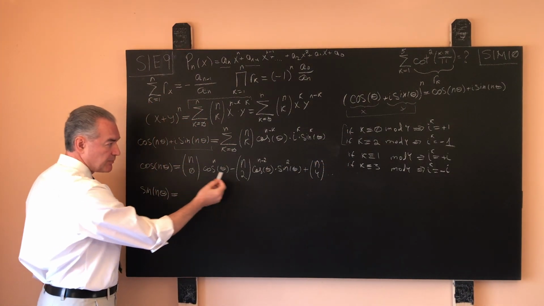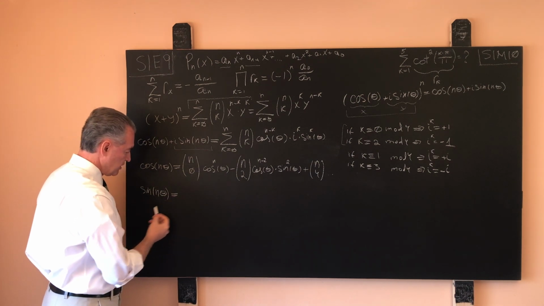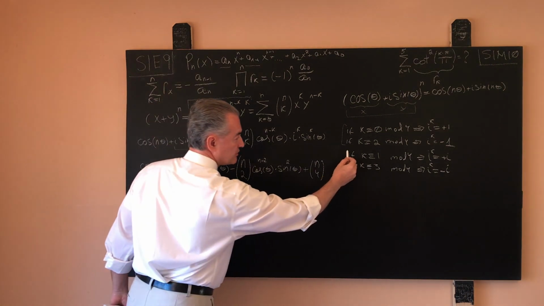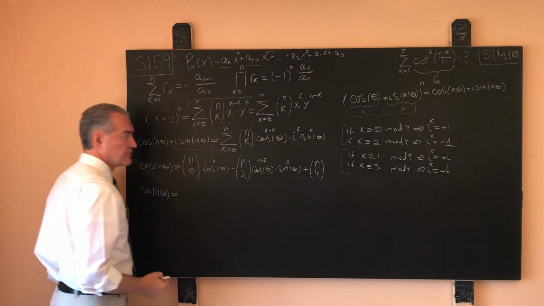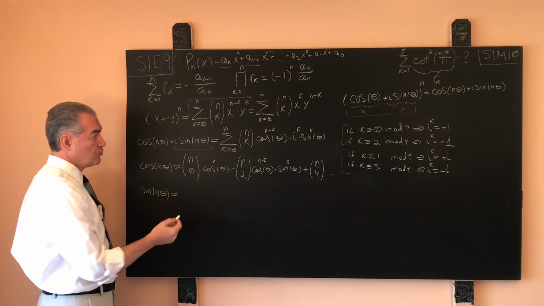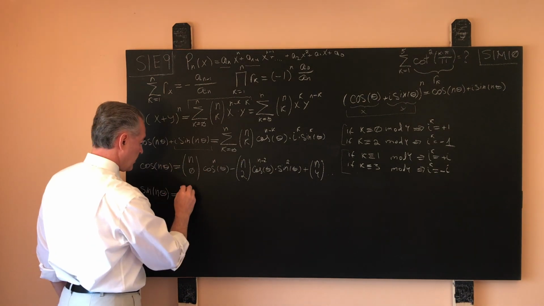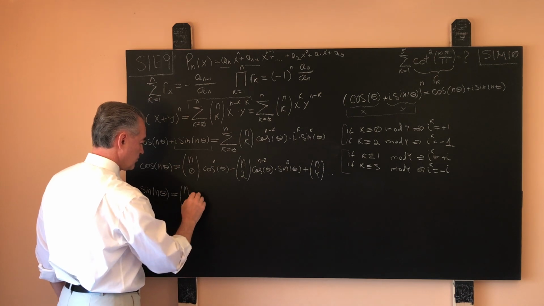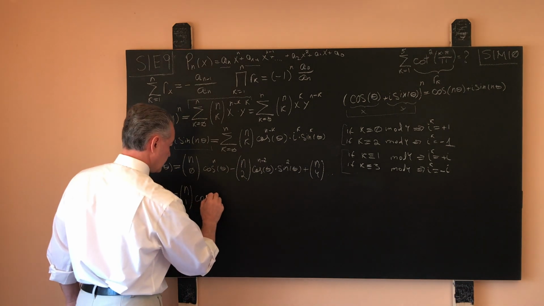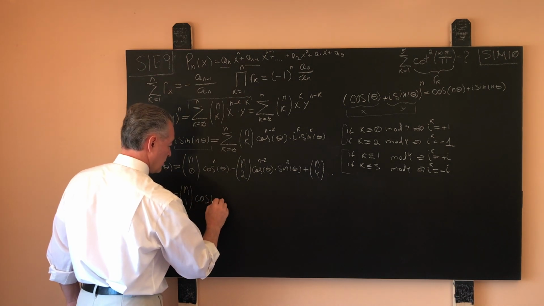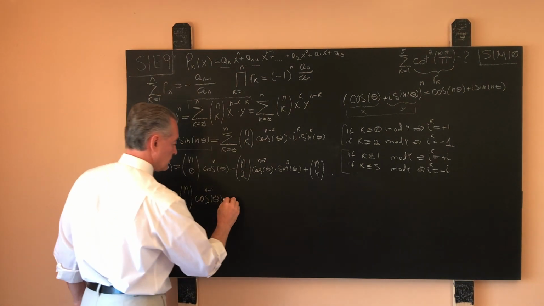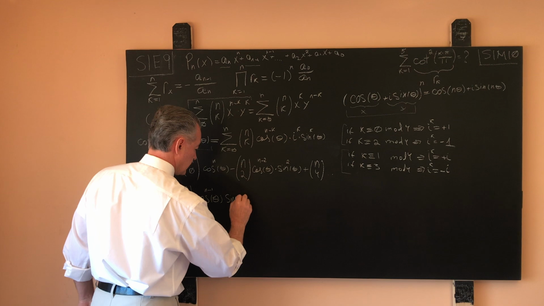And the corresponding numbers for the sine of n theta expansion will be odd in correspondence with this observation. As such, for the sine of n theta, what will we have? We will have the binomial coefficient n choose 1 times cosine of theta raised to the power n minus 1 times sine of theta.